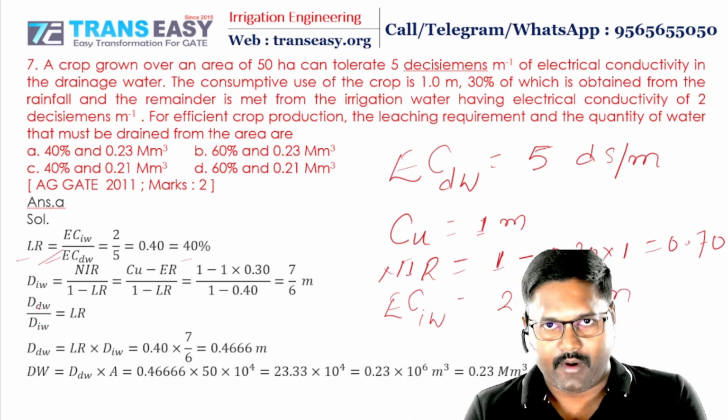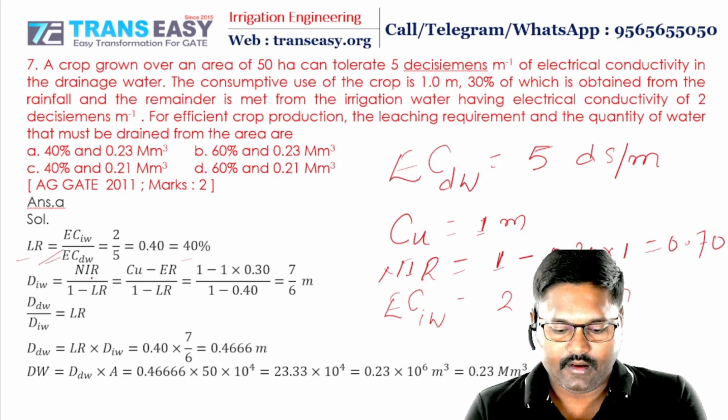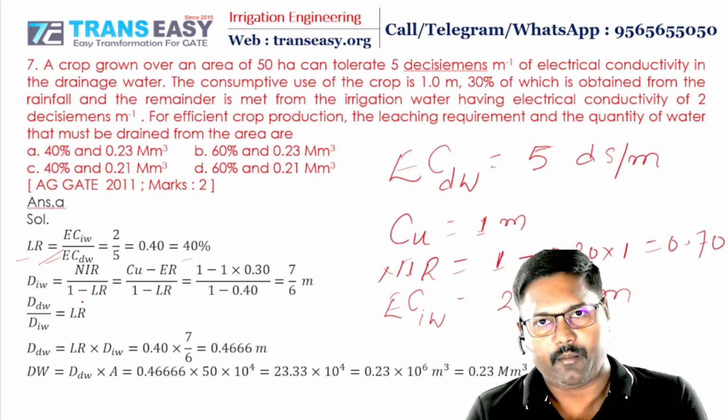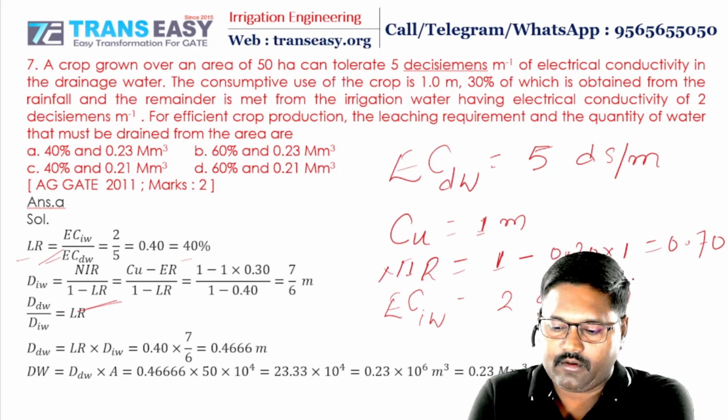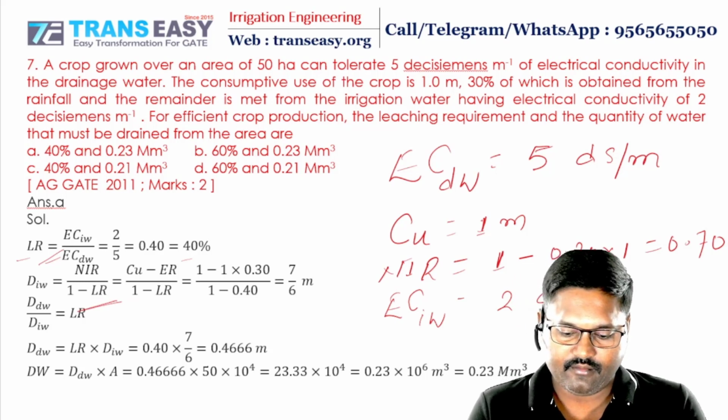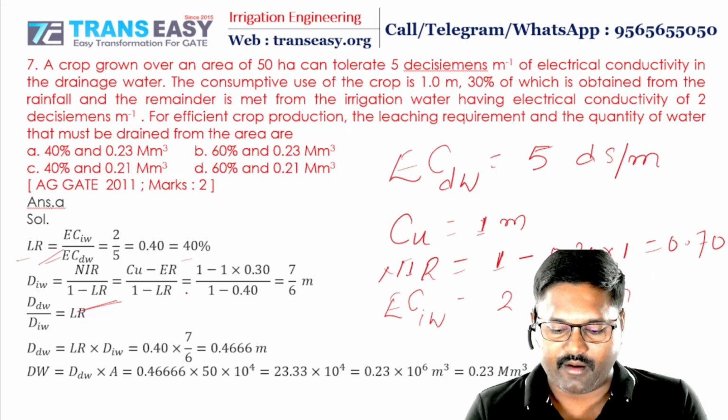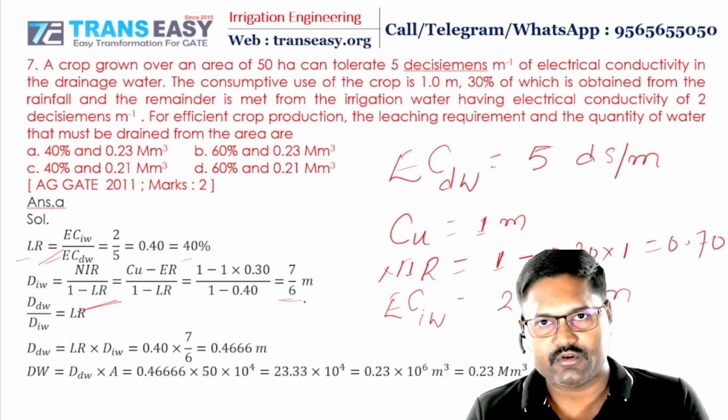Depth of irrigation water is net irrigation requirement upon 1 minus leaching requirement. Net irrigation requirement we have calculated as 0.7. With 1 minus leaching requirement, already calculated, it is coming 7/6 meter.